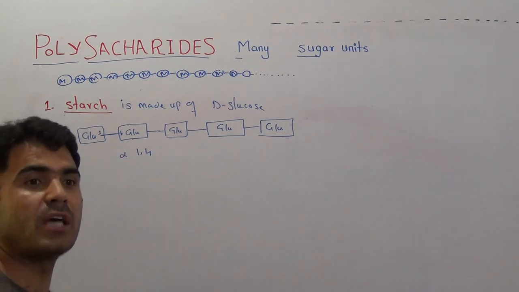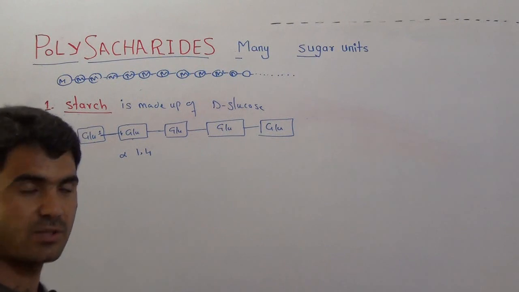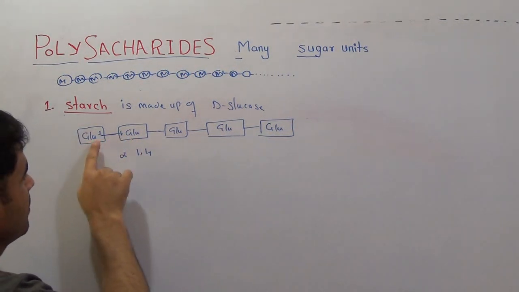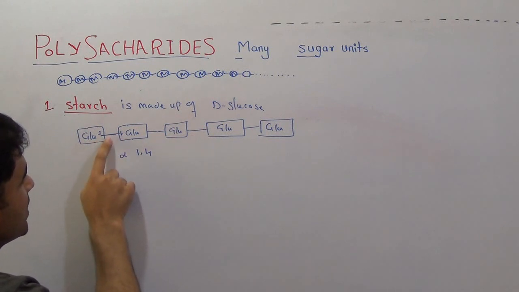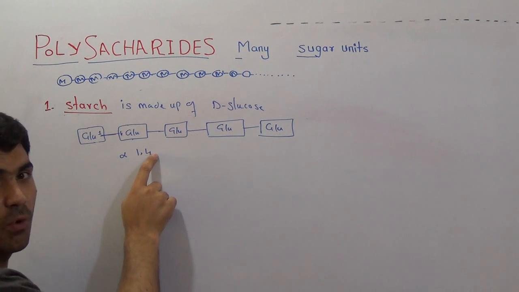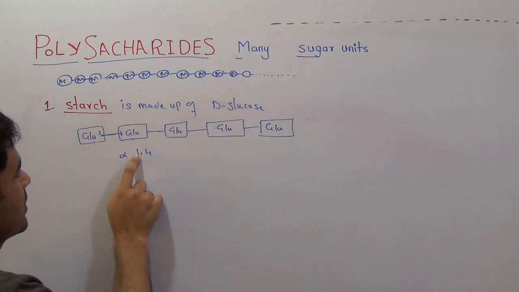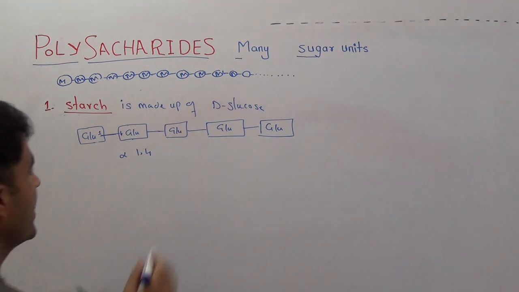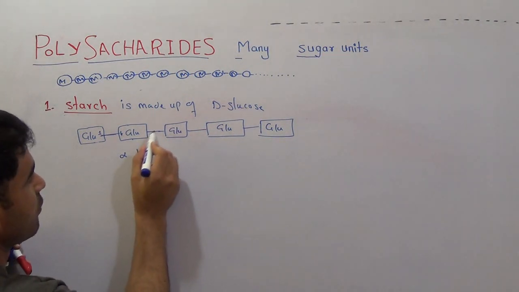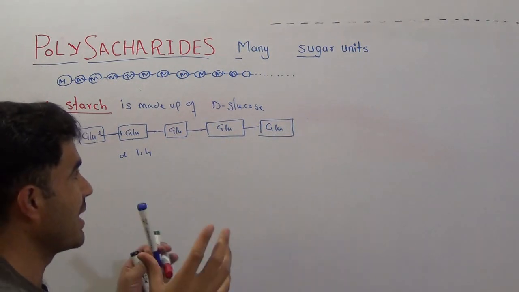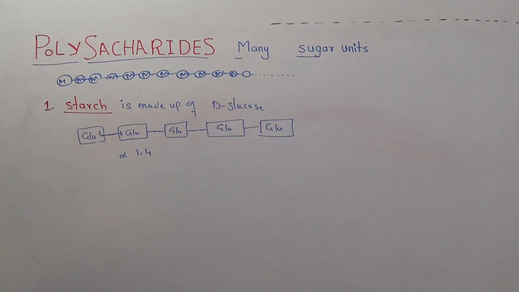We know there are two types of sugar, alpha and beta. When both are alpha glucose, the bond between them is called alpha 1,4. Similarly, all of the units are linked together by alpha 1,4 bonds.